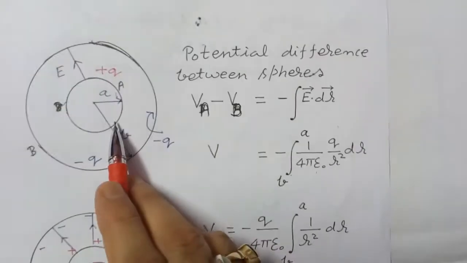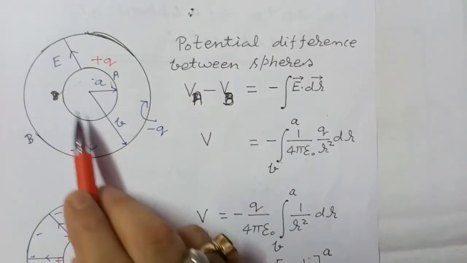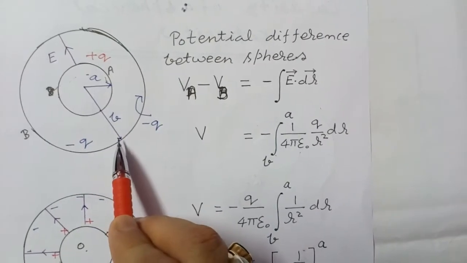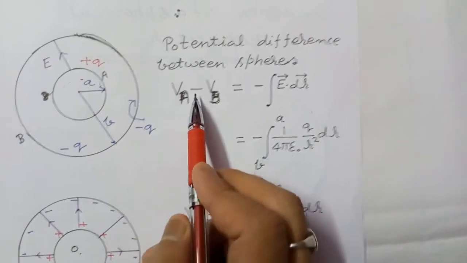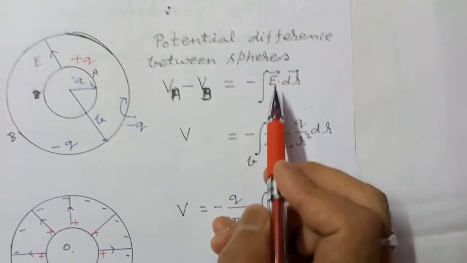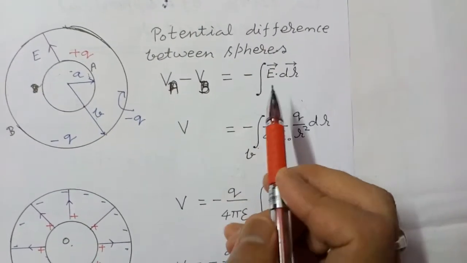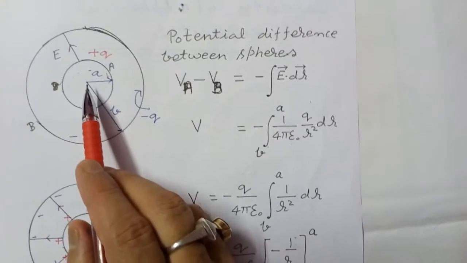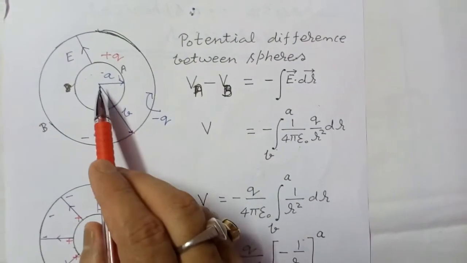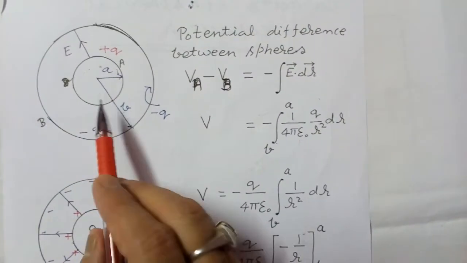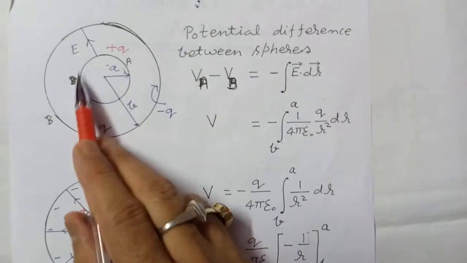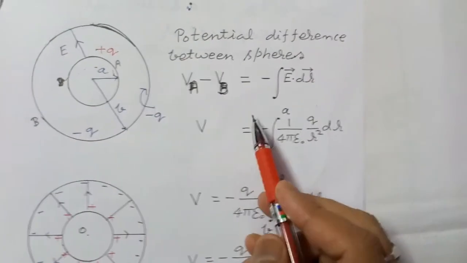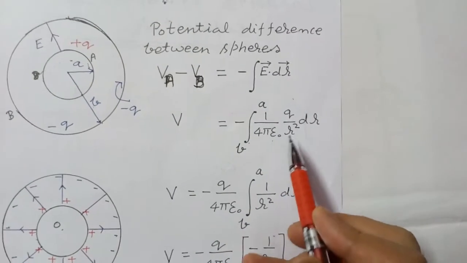Now the potential difference between the surface of the small sphere and the big hollow sphere: VA minus VB is equal to minus integration E dot dr, which is equal to minus integration E dr. Now we know that the electric field intensity at a distance r from the center of a charged sphere, when the point is outside the sphere, is equal to 1 upon 4 pi epsilon naught q by r square.